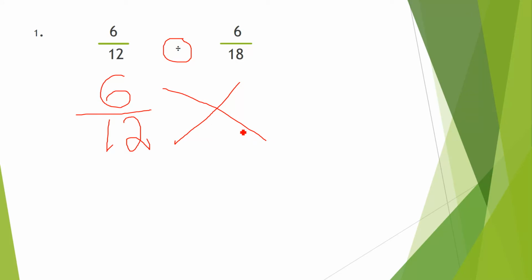This is the rule. If you see division in the question, you have to convert this division symbol into multiplication. Then come to the right hand side fraction, 6 over 18. It will change position. Now 18 you write in the numerator, 6 you write in the denominator. This is the rule.